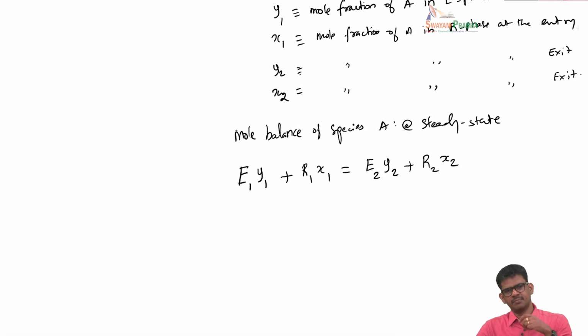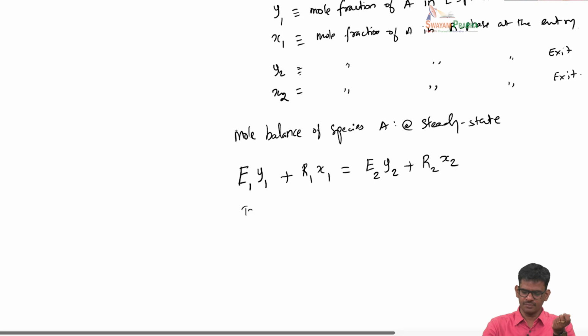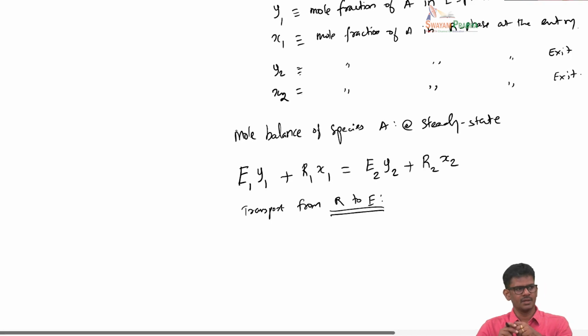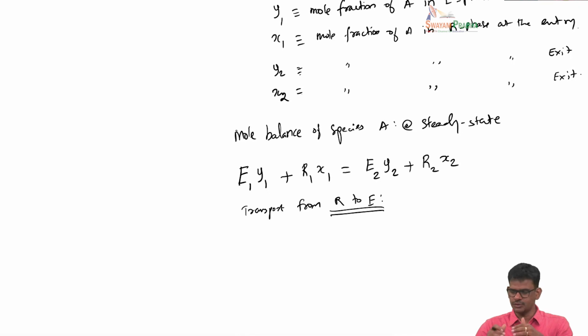I already said the mass is transferred from R to E. Transport is from R to E. This is important because we want to know where this material balance will lie with respect to the equilibrium line, whether it's going to be above or below. That's where this direction is important.